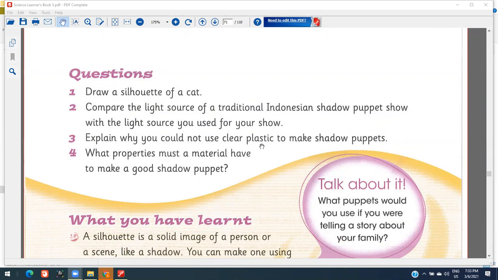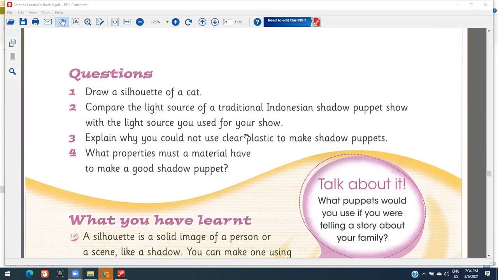The plastic passes the light through. Why does it pass the light through? Because plastic is transparent. For making a shadow, we need any material which blocks the light. So if you are using plastic, is any shadow created? No, obviously not. So we cannot use plastic as a material.